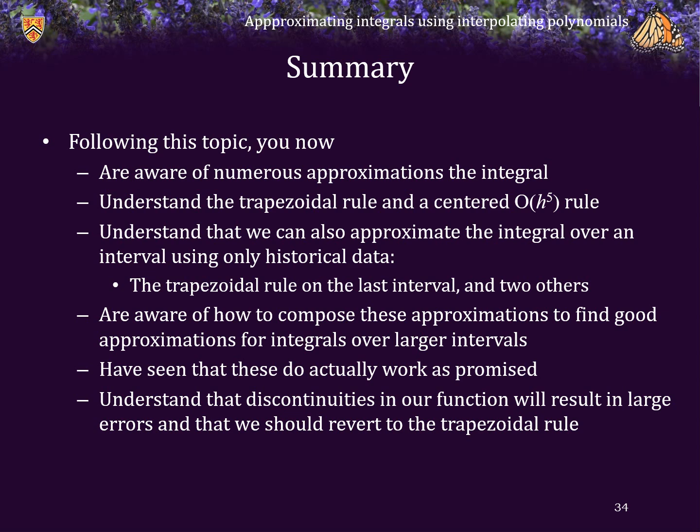That gave us a much more accurate approximation of the integral on that subinterval. You also understand that we found formulas that can approximate an integral over a given interval using only historic data, that is the last data point and any previous data that we have on record.